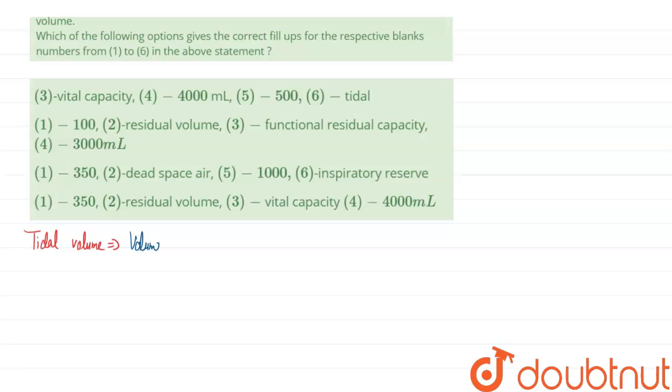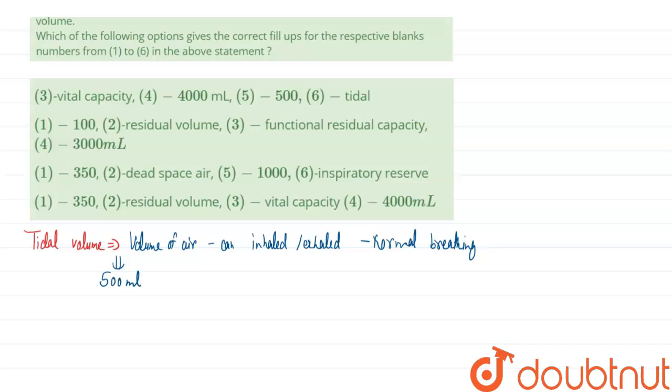This is the volume of air that can be inhaled or exhaled during normal respiration. That means we are talking about normal breathing. So the total amount of air will be about 500 ml here.